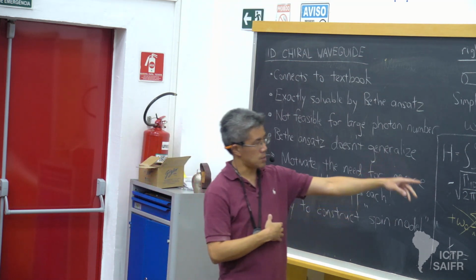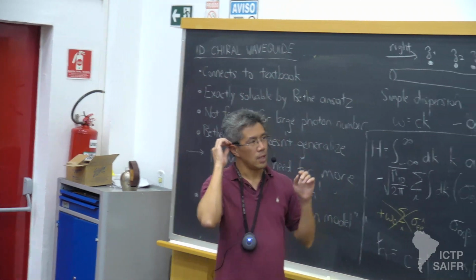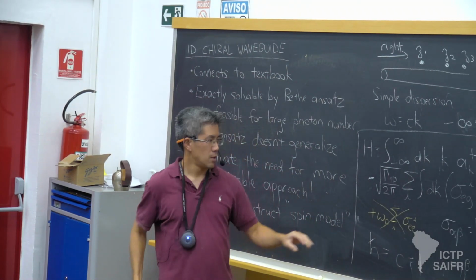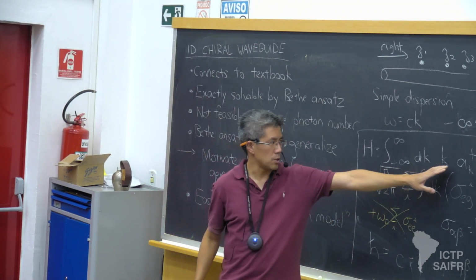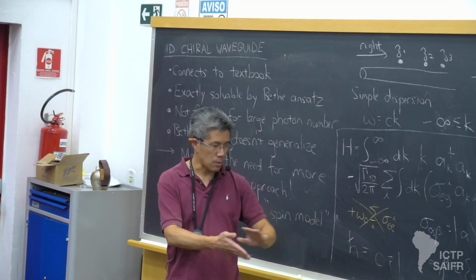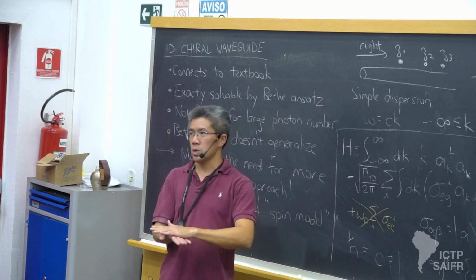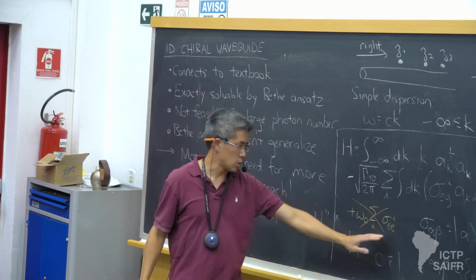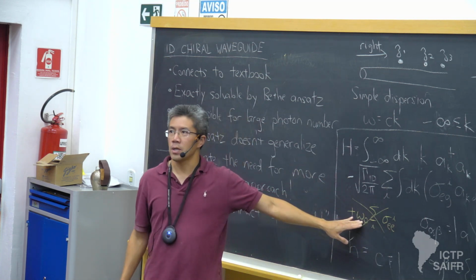So if you want to connect to physics, the honest thing to do would have been to include the photon dispersion relation, but also to say that I can take my ground state to have 0 energy, and then this term here would give my excited state an energy of omega naught.